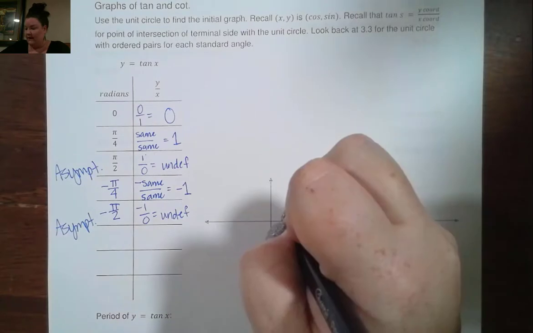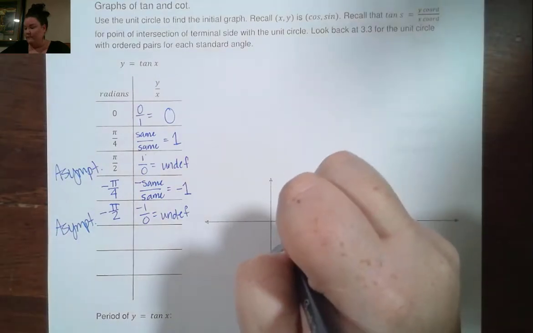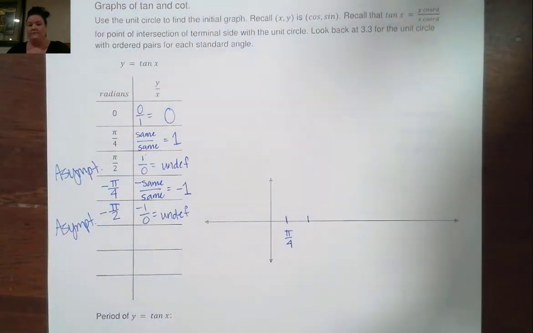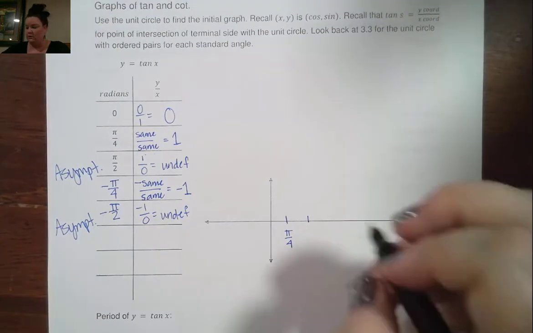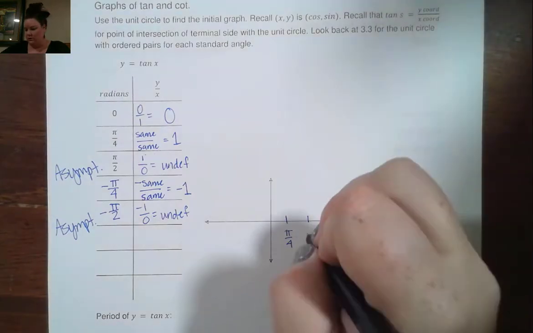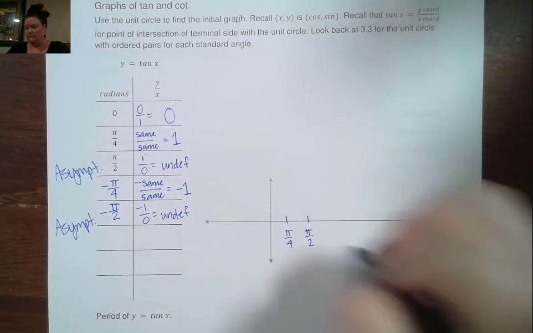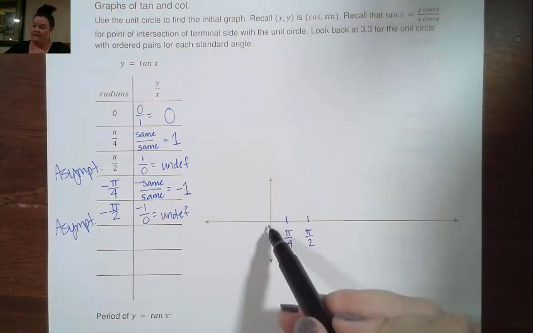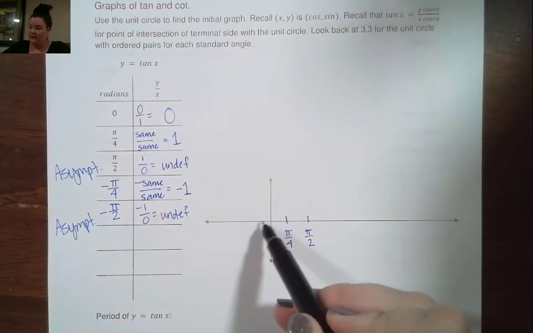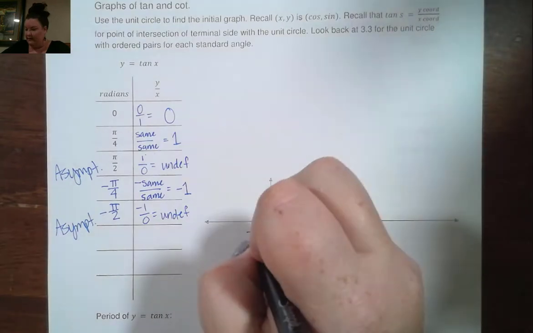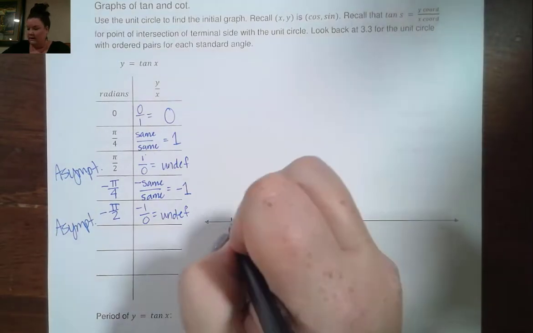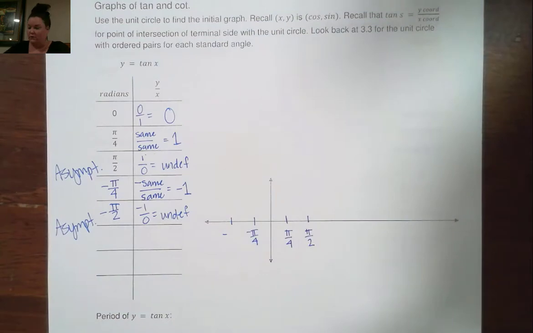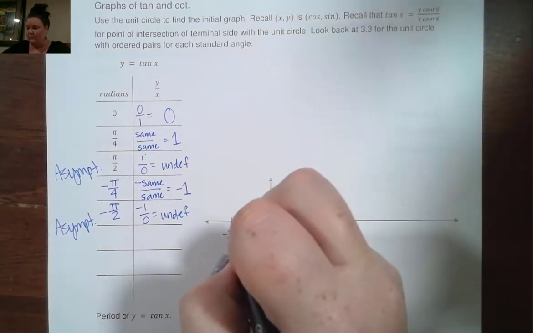So here we have pi over 4, and then we have 2 pi over 4, right? 2 pi over 4, which is just pi over 2. And then we have those in the opposite direction, right? We have 0, and then we have negative pi over 4, and negative 2 pi over 4, which again is just negative pi over 2.